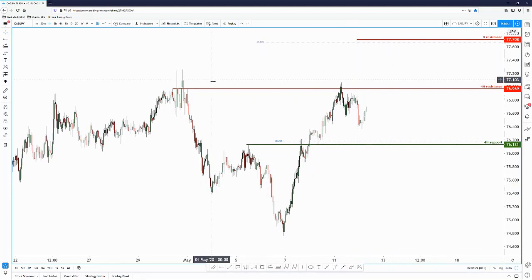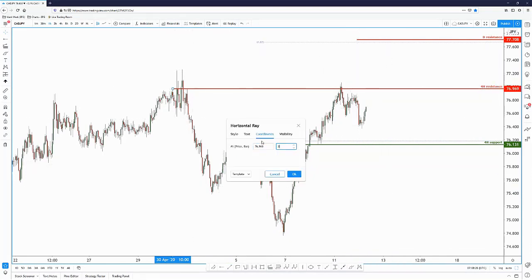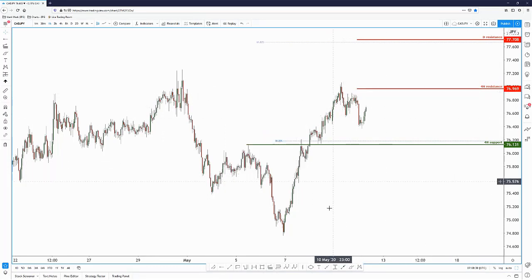Price is quite close to the 4-hour resistance, and we also see that price has already made this zigzag push down. It's been forming lower highs and lower lows. So price is clearly in a short-term downtrend.